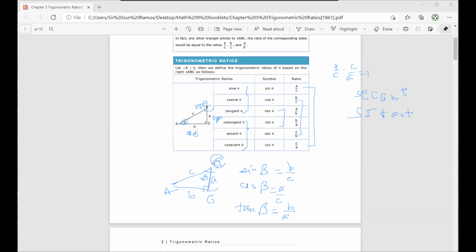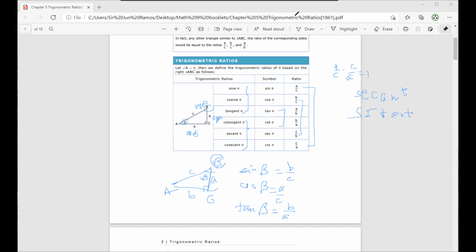So, for now, you need to memorize these ratios. When we talk about sine of an acute angle of a right triangle, it's always the opposite side over the hypotenuse. And cosine will always be the adjacent side to that angle over the hypotenuse. And the tangent will be the ratio of opposite over adjacent.